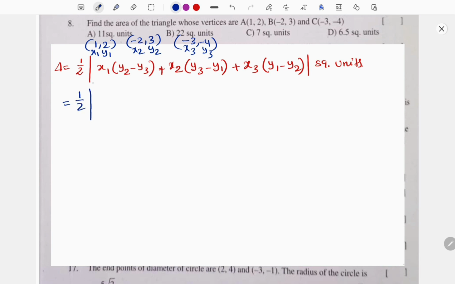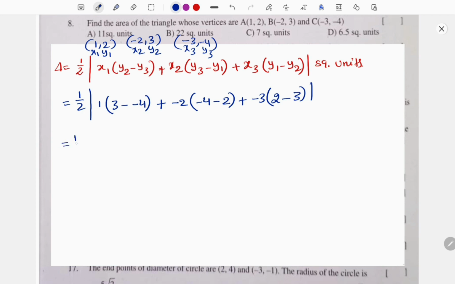So here half, x1 is what, 1 into (y2 is 3 minus y3 is minus 4), plus x2 is minus 2 into (y3 is minus 4 minus y1 is 2), plus x3 is minus 3 into (y1 is 2 minus y2 is 3).